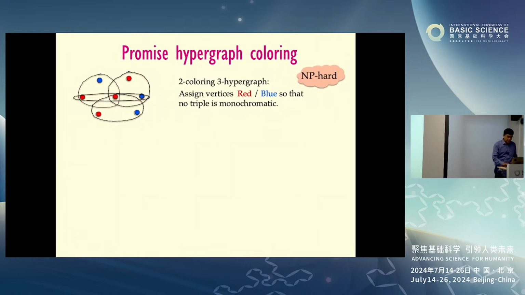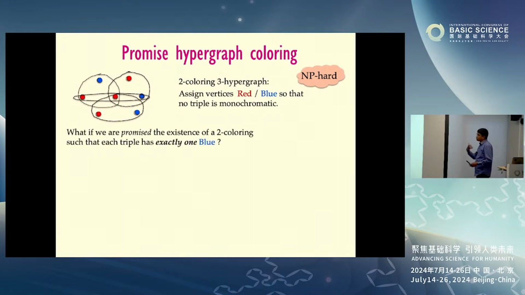But now, stronger, blue. So in general, one is in this coloring, for example.